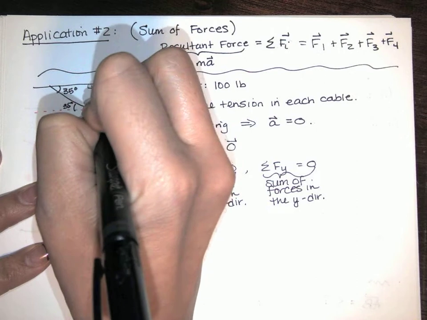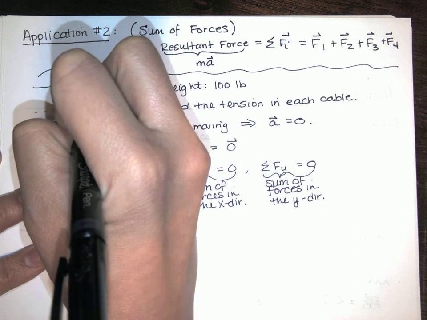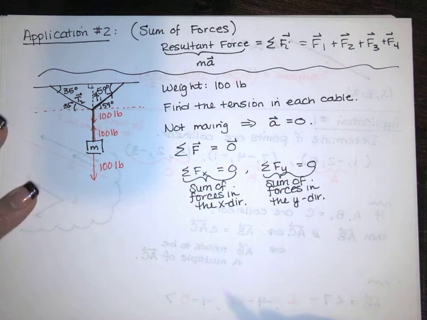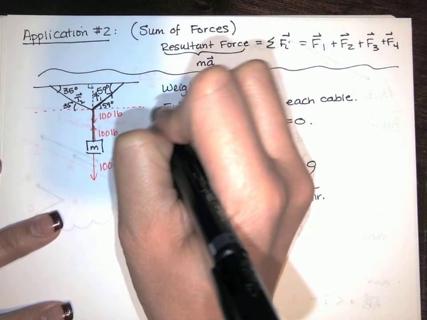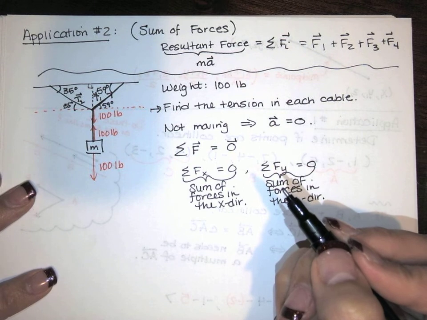And I want the tension on this guy and the tension on this guy. I'll call them T1 and T2. And they're vector quantities. Now they asked us for the tension. In this class, if someone asks you for the tension, they're not just asking you for the magnitude.